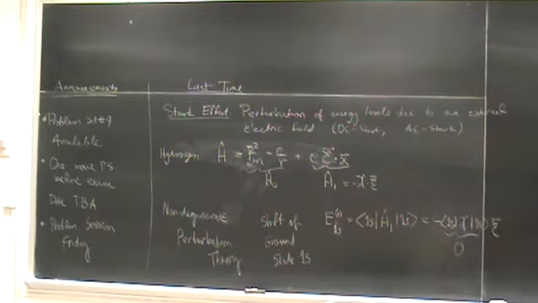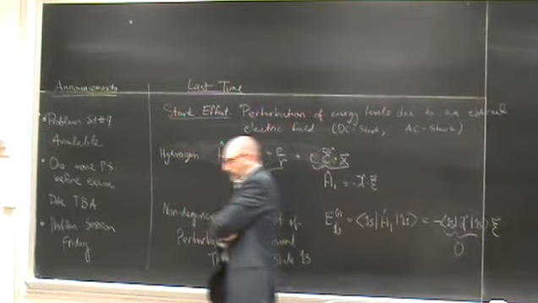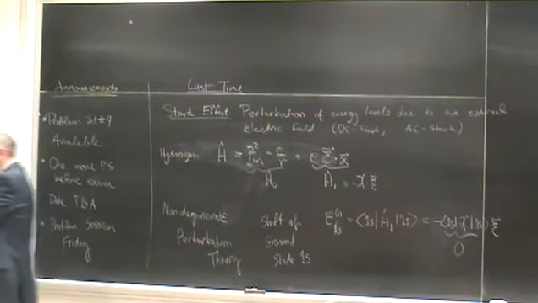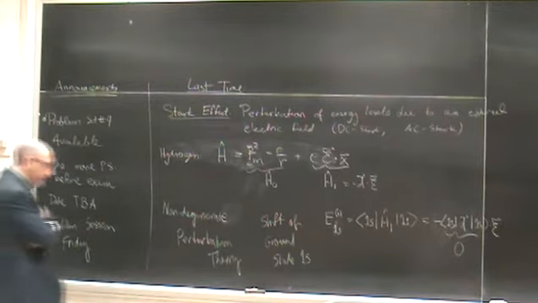So last time we were talking about one application of perturbation theory, looking at a situation where we have some matter in the presence of an external electric field, and that causes a change in the energy levels.